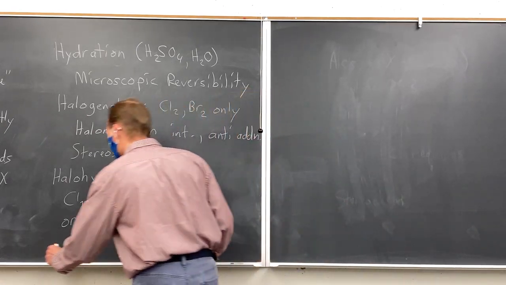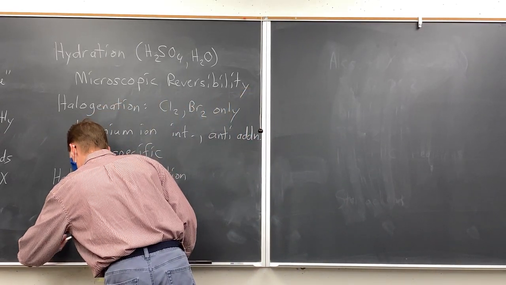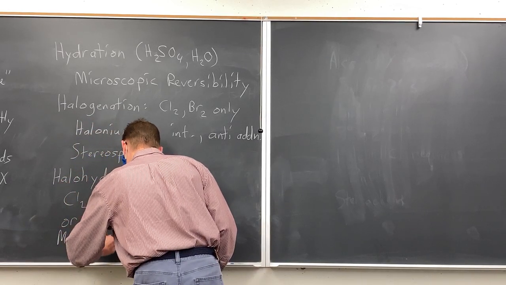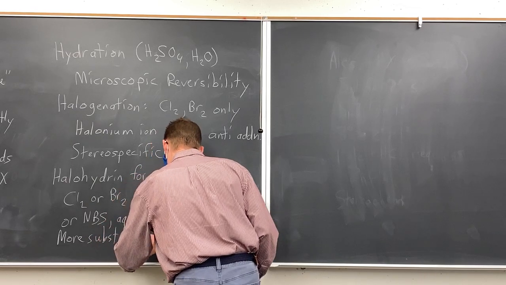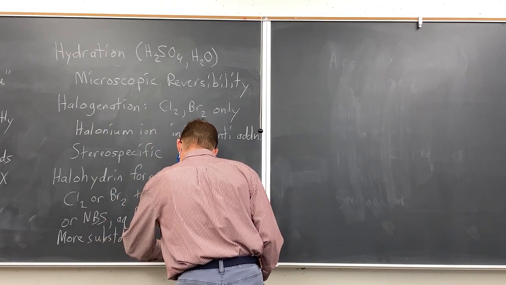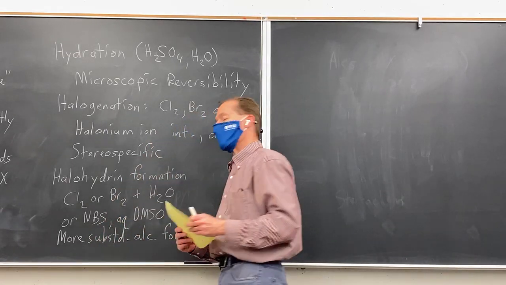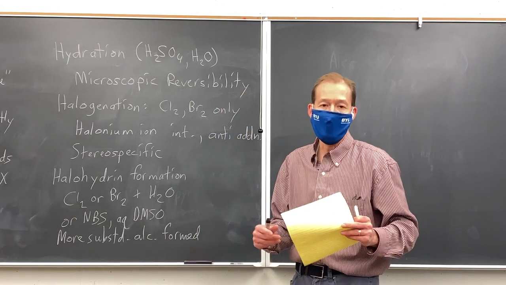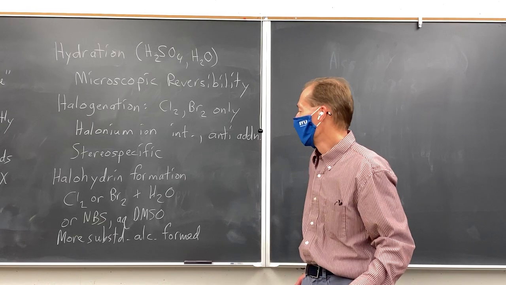And what we learned with halohydrin formation is that we obtain the more substituted alcohol. So what that tells us is that the water in the second step of the mechanism attacks the more substituted carbon of our halonium ion.